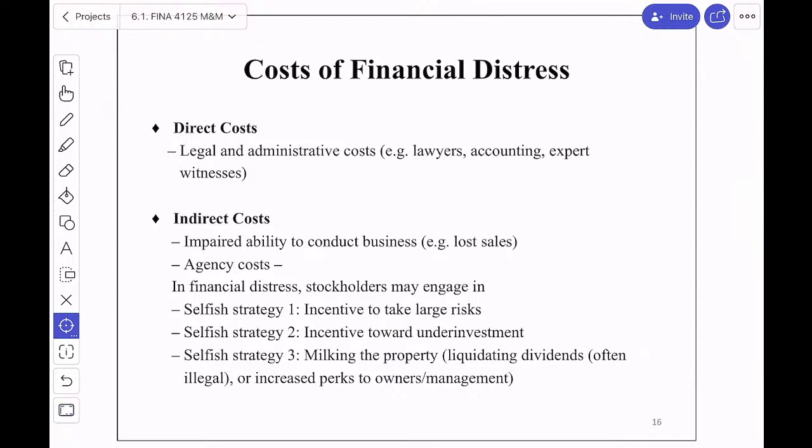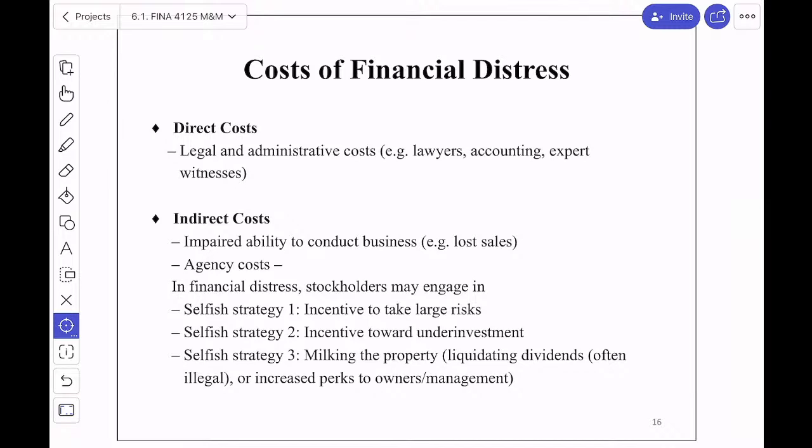Instead of investing in positive NPV projects, those funds, so that if there's profit, if there are any kind of asset sales or any kinds of opportunity for the firm in restructuring to make an investment, instead they choose to not invest in the firm directly, but indirectly, paying themselves bonuses.